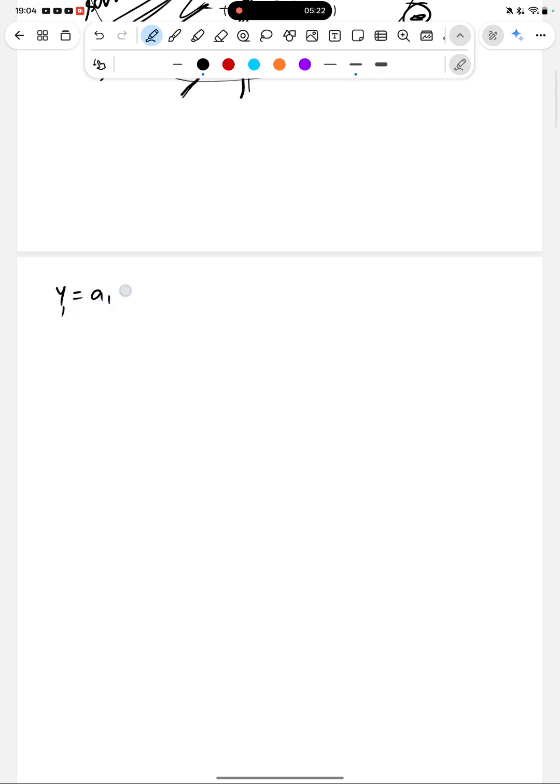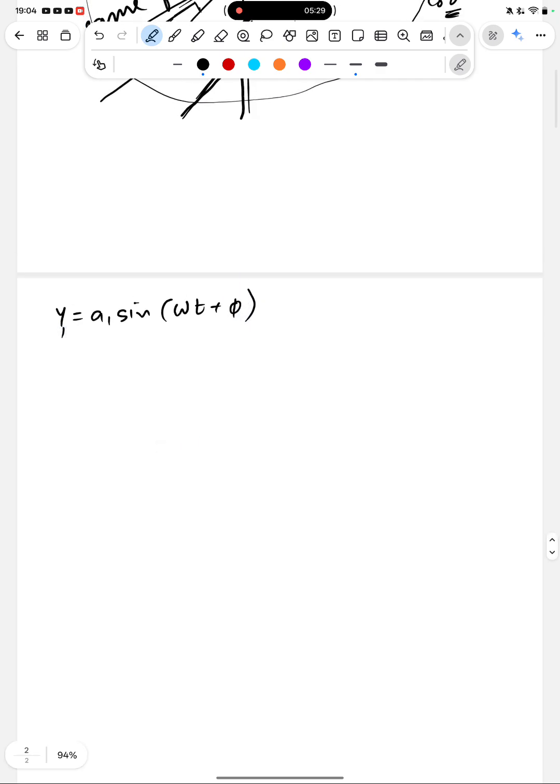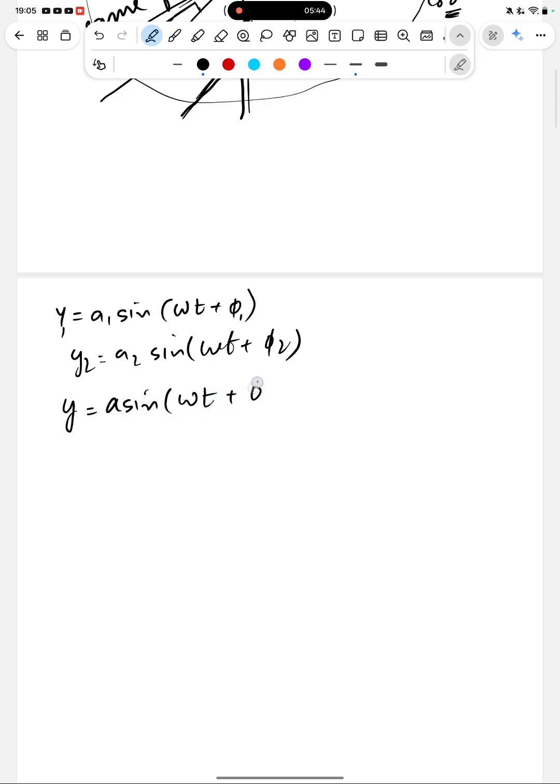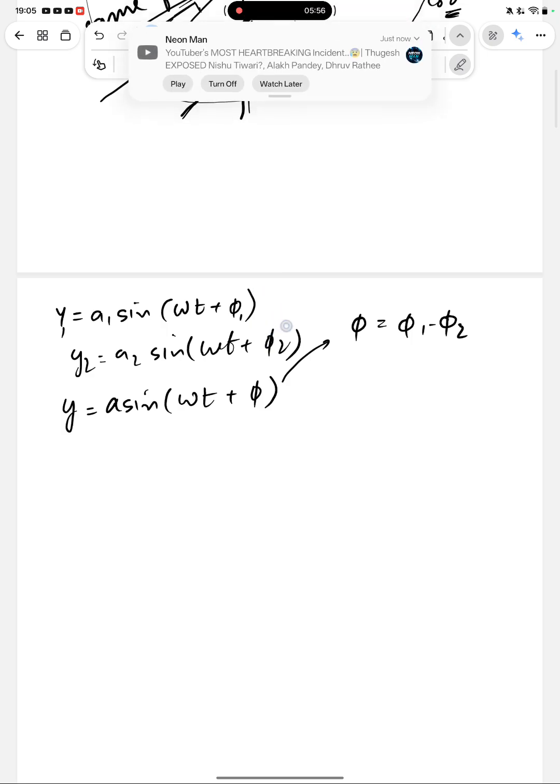y1 equal to A1 sine omega t plus phi 1, y2 equal to A2 sine omega t plus phi 2, y equal to, this is the resultant wave, A sine omega t plus phi. What is phi? Phi in this situation is phi 1 minus phi 2, depending on which is larger.